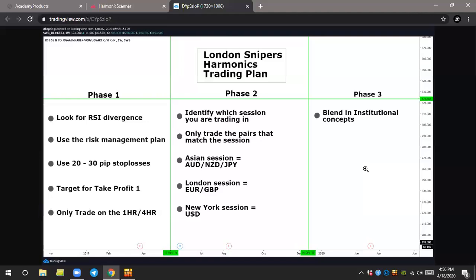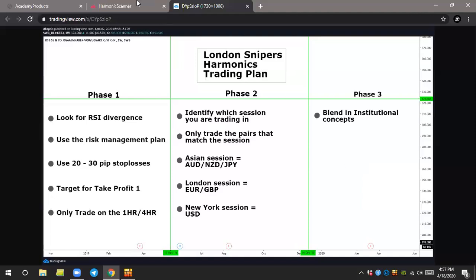I do not trade too much Asian. I normally stick with London, New York sessions. But for Asian, the kill zone is between 7 to 10 p.m. If I'm mistaken, I believe that it's like between 6 to 9 p.m., somewhere around there, right? But these are the certain key times to be trading these pairs.